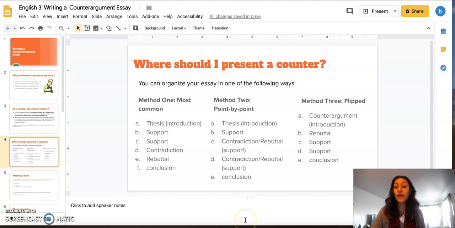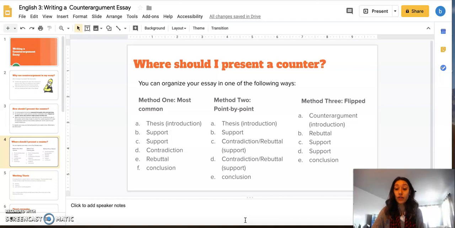The final method is the third method, which is the flipped method. Instead of ending with your counterargument and rebuttal, you would begin your paper with the counterargument. So your introduction would be the counterargument.